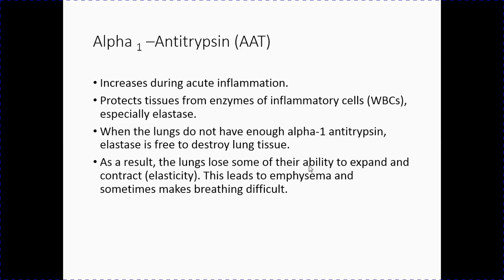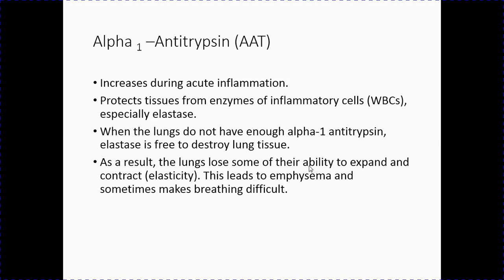And so the way it works is alpha-1 antitrypsin is an inhibitor of these enzymes, these proteases, these enzymes against proteins. So the protective nature of alpha-1 antitrypsin shows that it's a protective model.